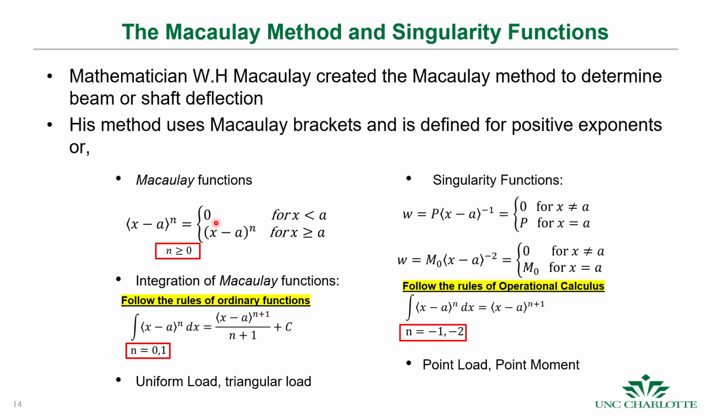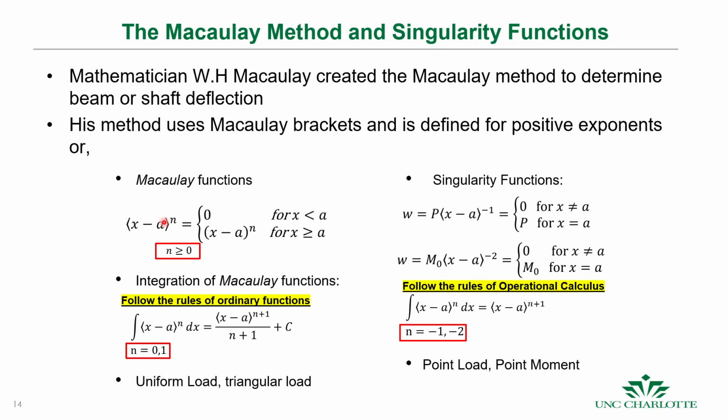Okay, and the beauty of these functions is that a is the distance along a beam where you might have something going on, like an applied moment or load, and x is the distance along the beam. When x is less than a, this function evaluates to 0.